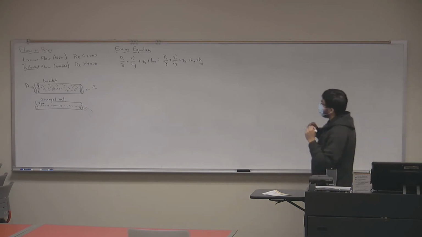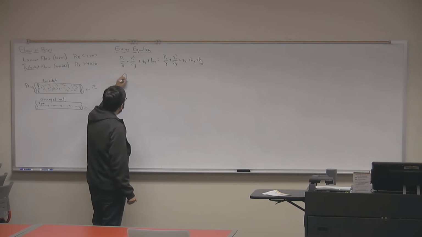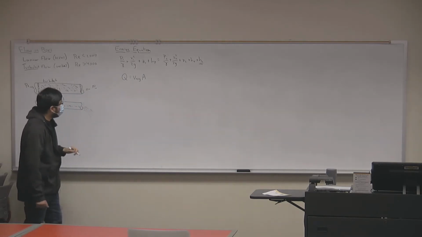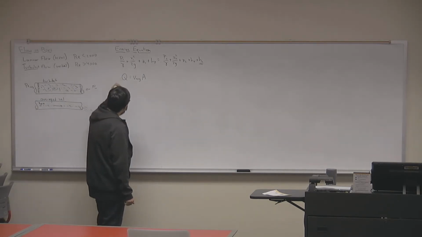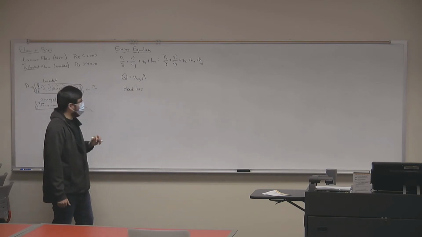So let's talk a little bit about them. Remember that flow rate is simply average velocity times area, because we are going to be dealing with average terms. And we know that head loss is any loss in energy that a system undergoes.